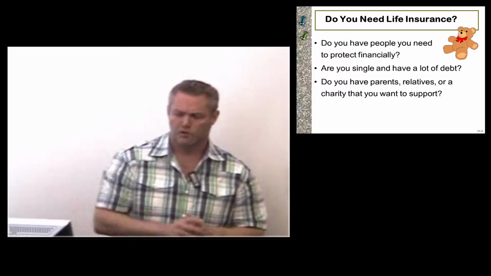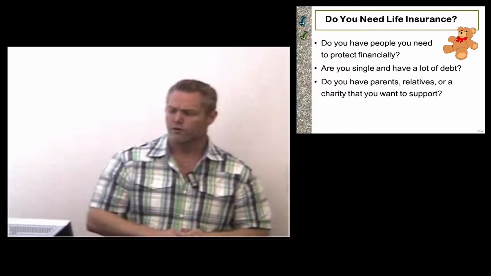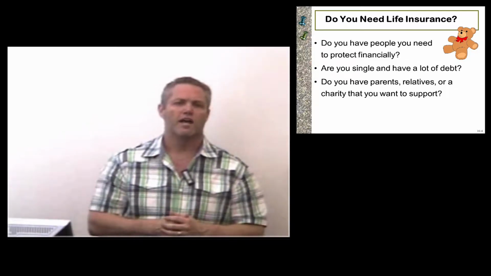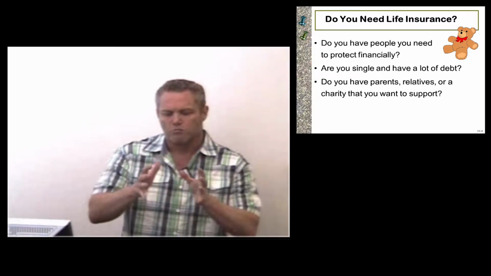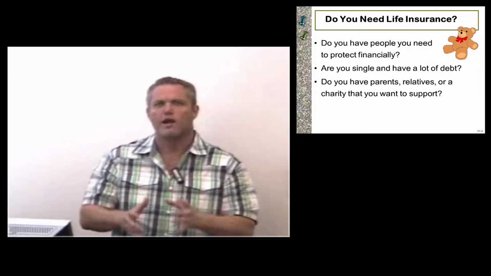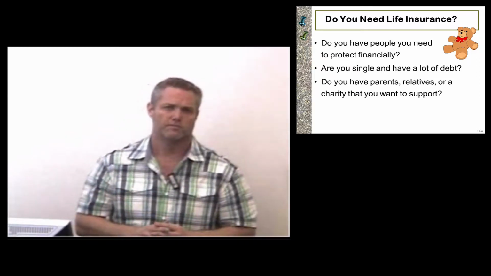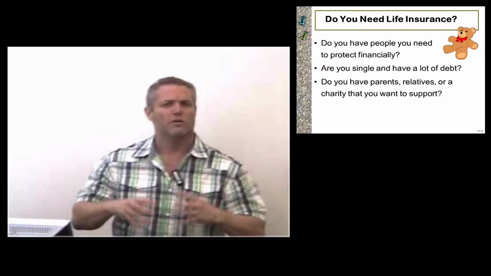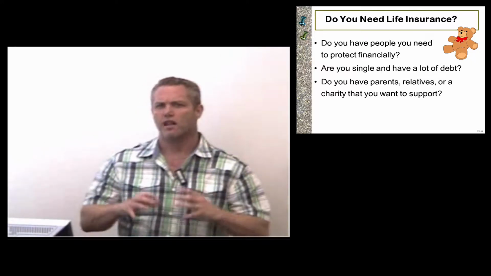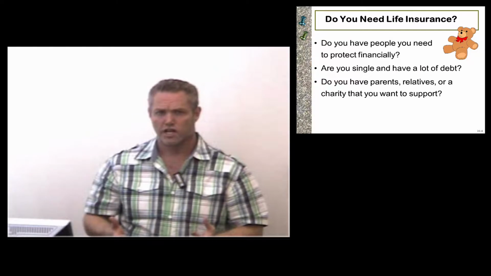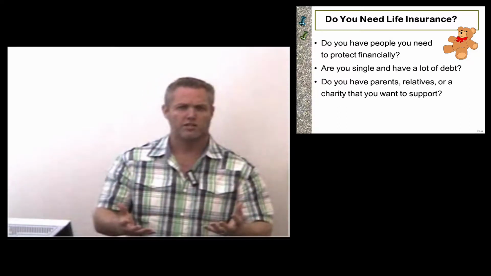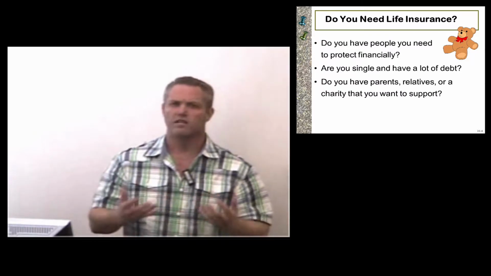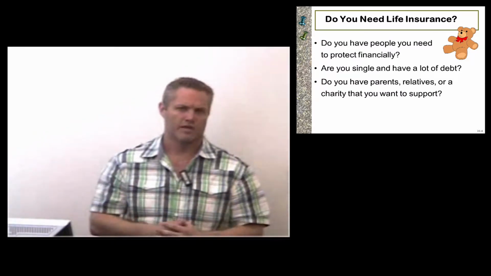All right, so what are some other situations? If you're single and you have a lot of debt, you might want to have life insurance because morally, I think it's the correct thing to pay off your debts. Now, if someone dies, your brother, sister, mom, and dad, and they have lots of debt associated with their estate, you are not responsible for their debt. You do not have to pay the debt of your brother or your mom and dad.